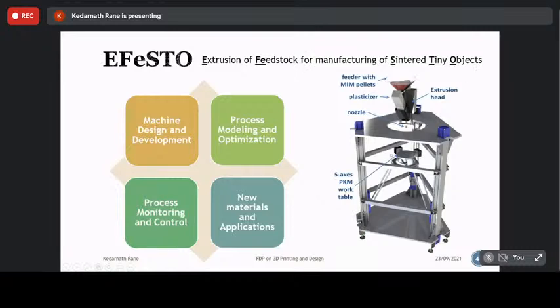What we did was develop a machine. The commercial machines that you saw on the previous slide are capable of moving the bed in 3 axes, XYZ. But we considered 2 more rotational axes, which makes it 5 axes.